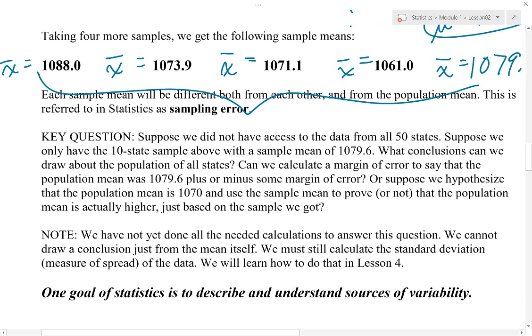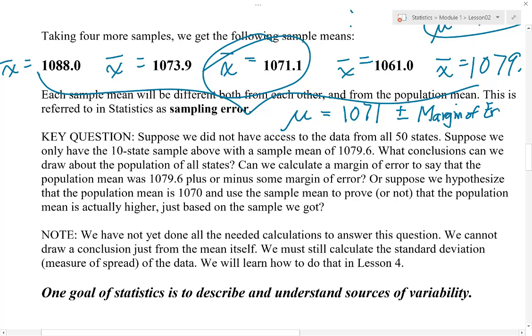So, again, I'm not going to read the entire paragraph here. You can see it on the screen. Basically, to paraphrase, if we get, for example, the 1071.1, suppose that's the sample data we get. Well, we're going to say that the population mean is going to be 1071 plus or minus some margin of error.